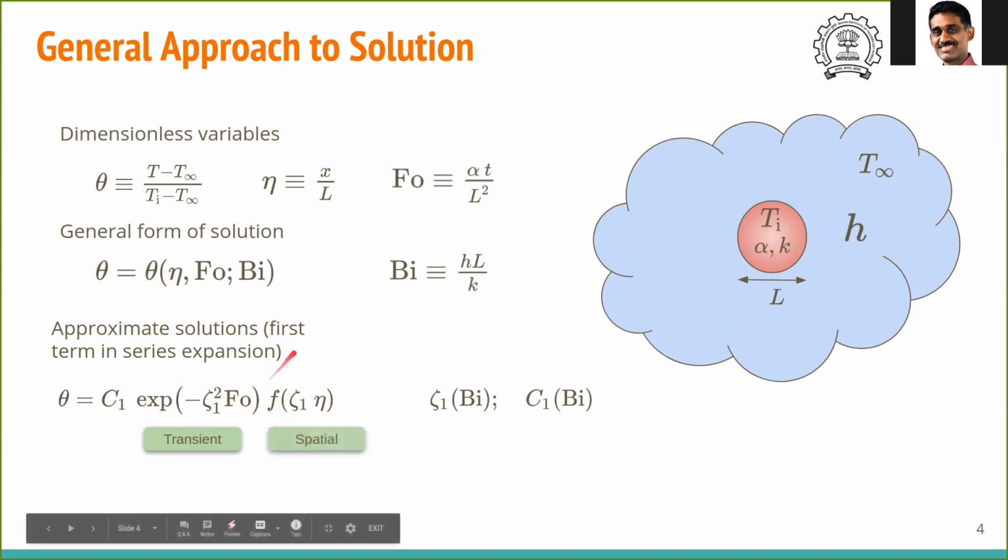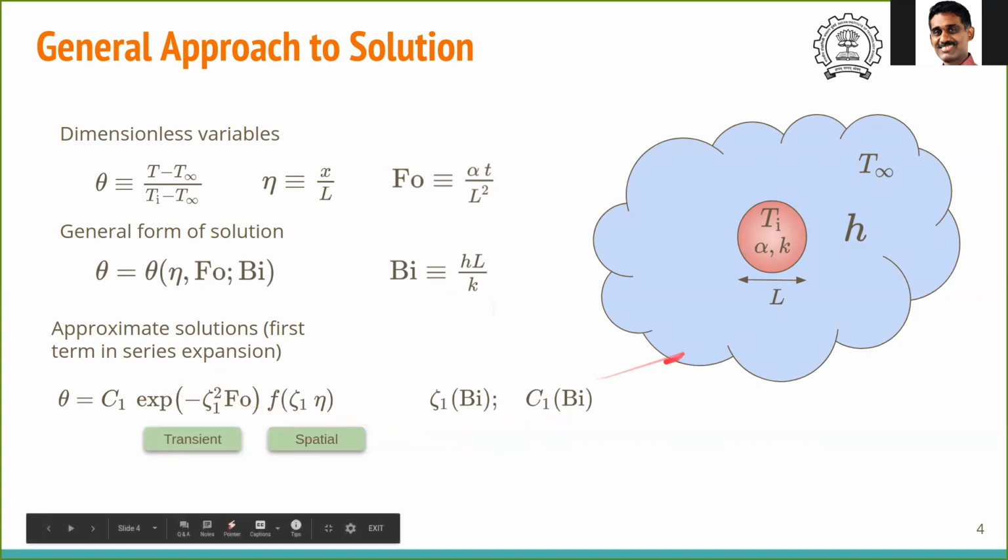Then you have another function which is zeta 1 times eta, where eta is your dimensionless spatial coordinate. So it becomes separated variables. You have time here and dimensionless space here. C1 and zeta 1 are constants, which are functions of the Biot number.